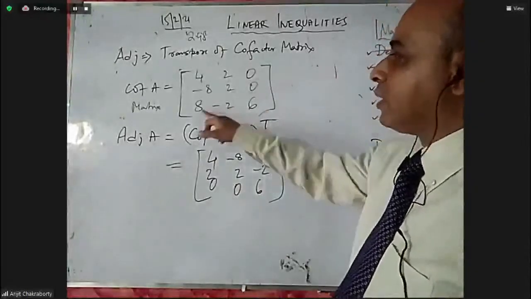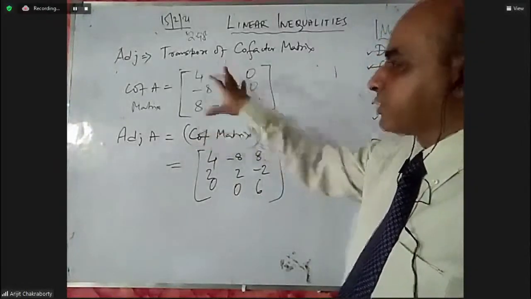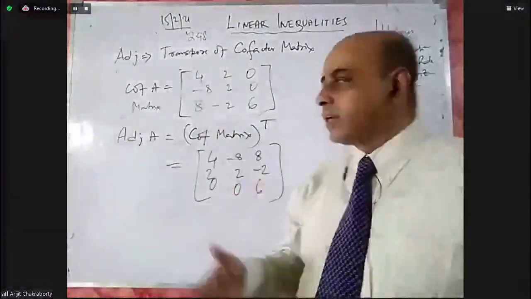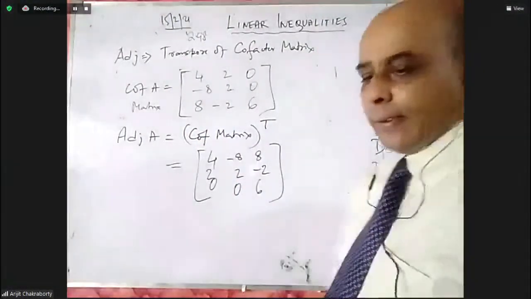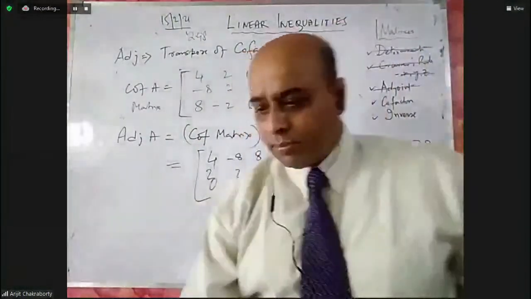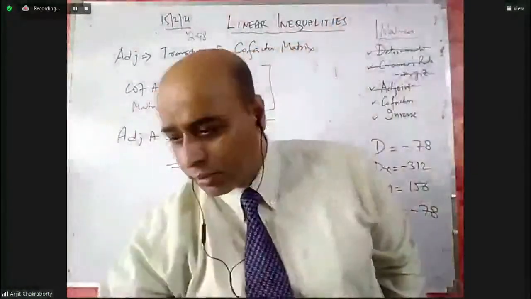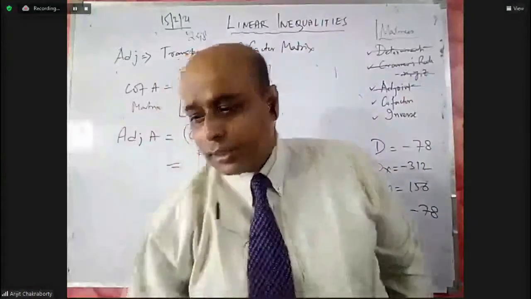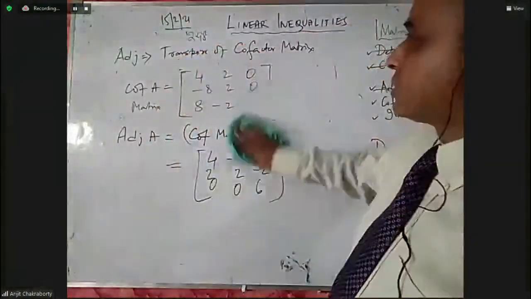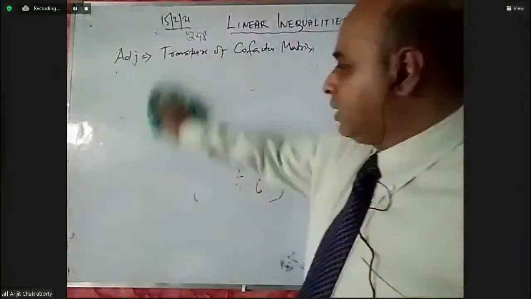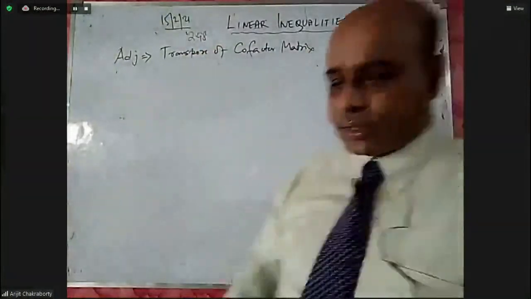And then once we get the cofactor matrix, you just find the transpose and you can get it done. Always remember that whenever you have the cofactor matrix, I will take one more example and we will see how to complete this. This is from the exam, and let us see how we can get it done.